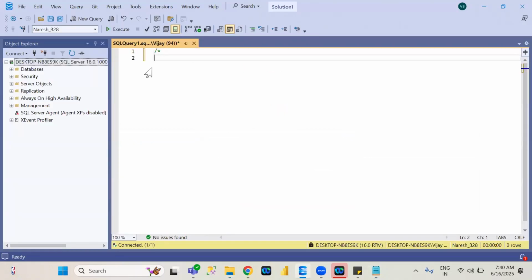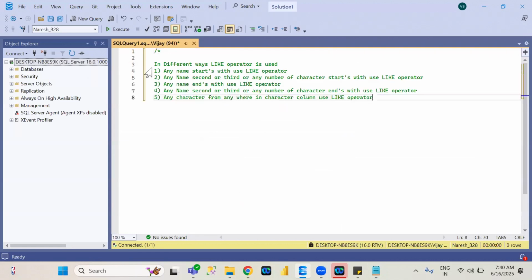See here, for the LIKE operator, these are the different ways it will be there. Review the document and let me know if any changes are required. Understand clearly. Tomorrow, I need to know the status. The SQL Server related document, I shared it, right? So review it and let me know if any changes are required.